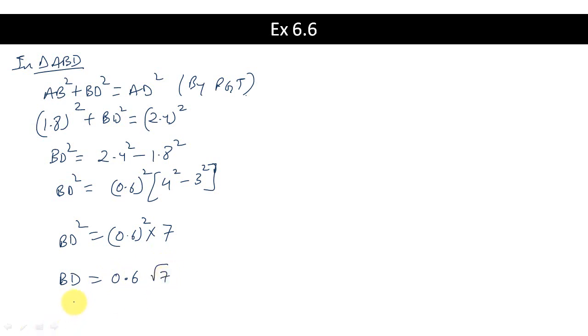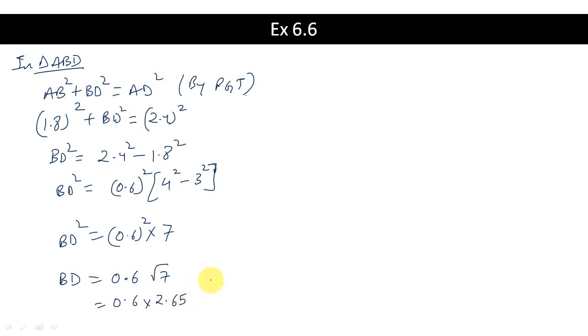And the approximate value of root 7 is 2.65.